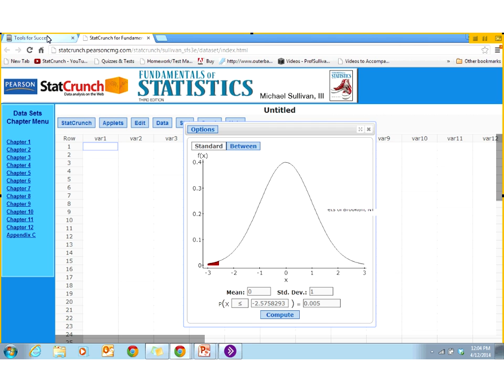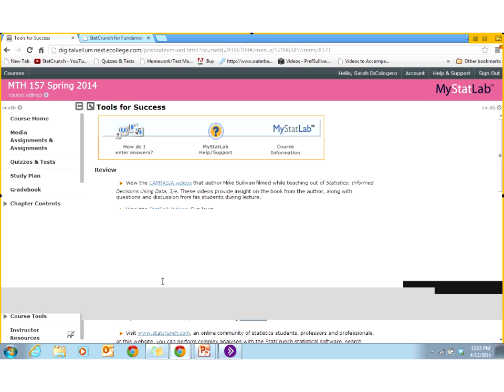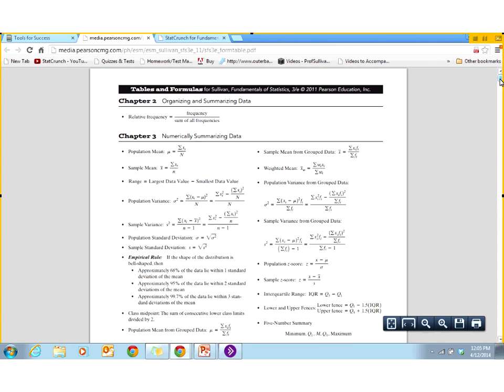One other thing is if you went to your formula table card and you went down to table 5. I know I told a lot of people to print this out.